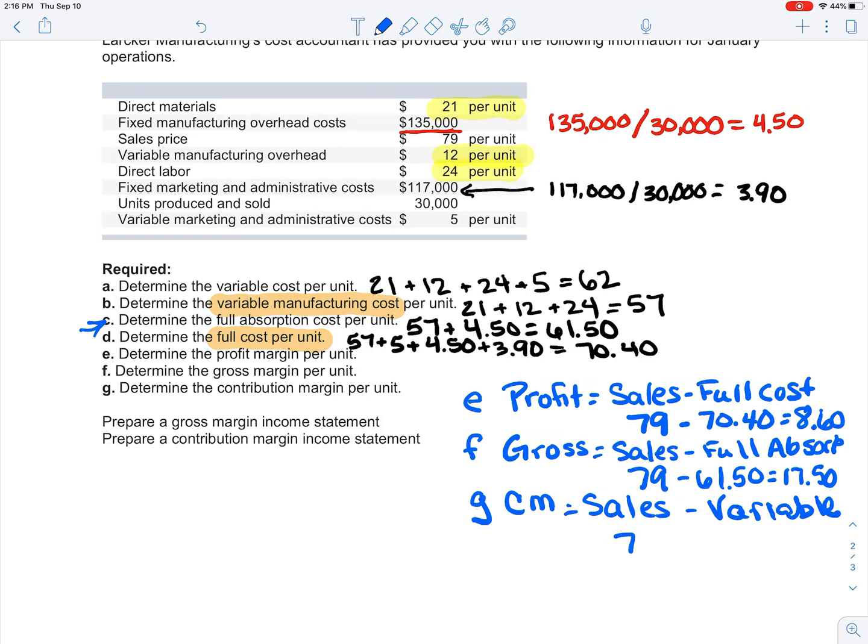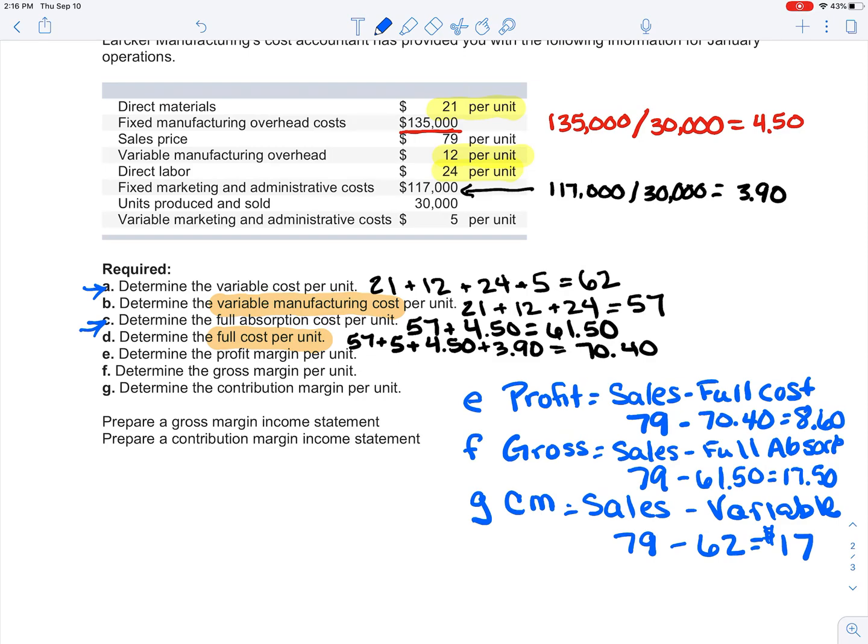So here, again, I start with the 79, and I'm going to subtract out my variable cost per unit from A, which is 62, which is going to give me a total of $17. That contribution margin is going to come in very handy when we get to the other chapters on cost, volume, profit.